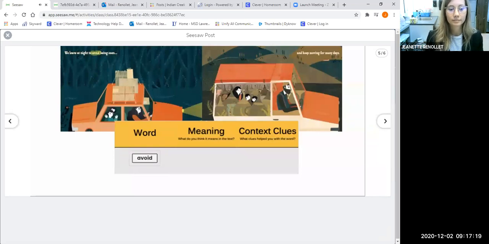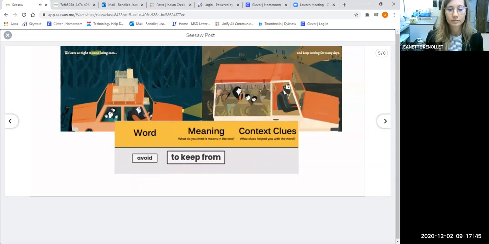They are also leaving at night. I know in my mind that when I do things at night, it's harder to be seen. So maybe the word avoid means to keep from. So my meaning, I could say to keep from.